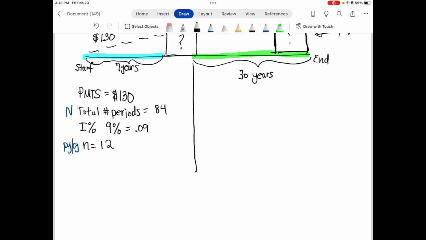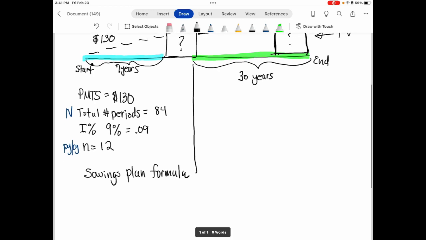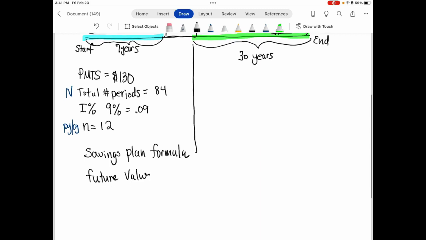If you're using the formula, you're going to want to use the savings plan formula, because we're making payments over a certain period of time. And what we're solving for is the future value, or another way to put that is your accumulated balance.